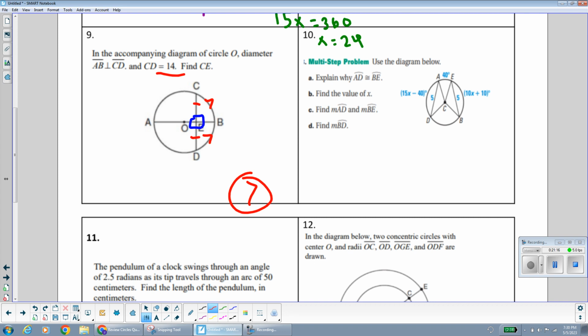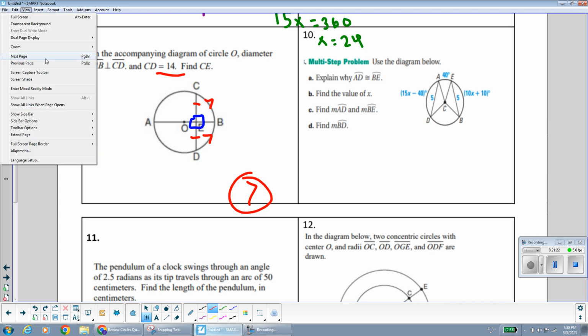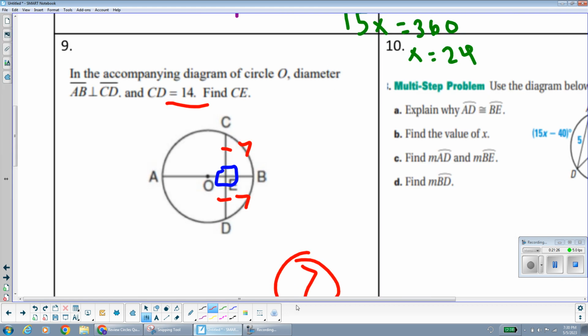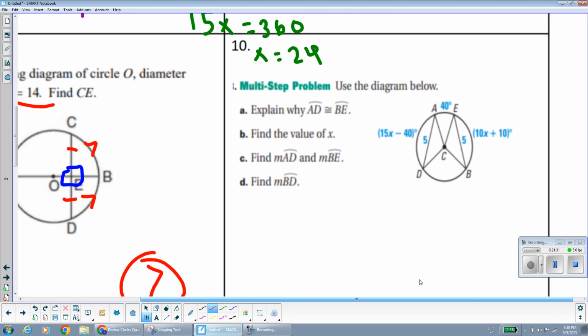It says explain why arc AD is congruent to arc BE. Let me make this one a little bit bigger so that you guys can see it a little better. Okay, so we need to explain why these two arcs are congruent.